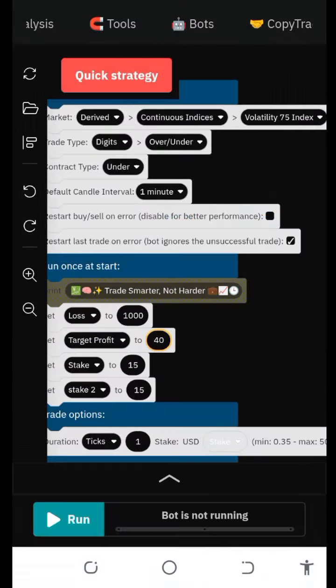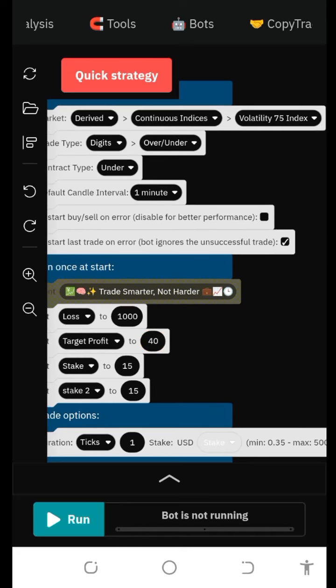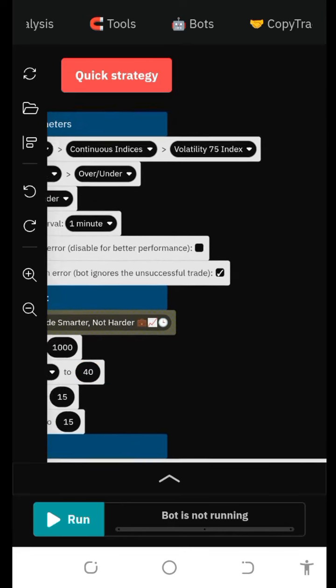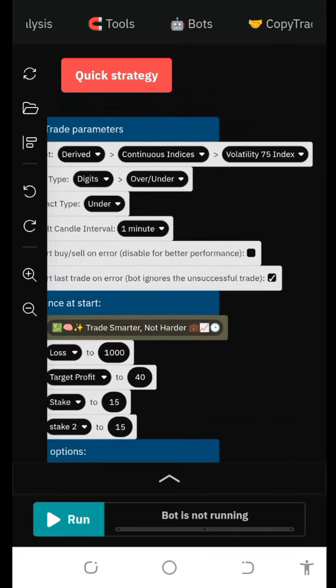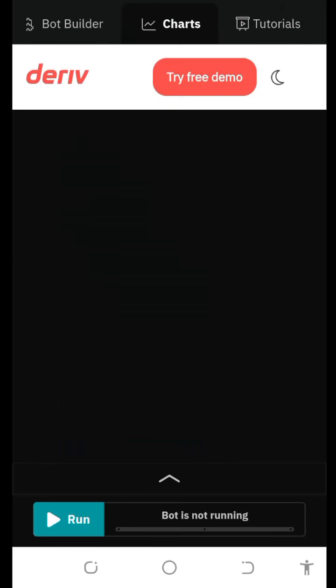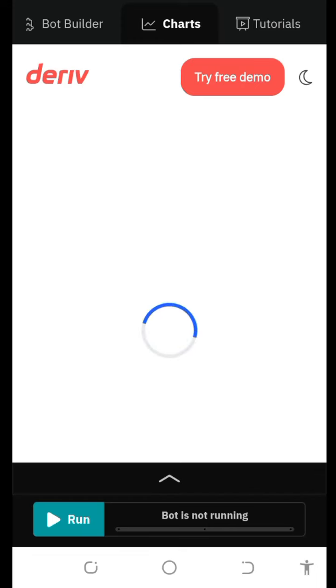Let's try and make $40 from $15. Okay, there is no need of putting a stop loss. You can stop the bot manually. It's a small account.